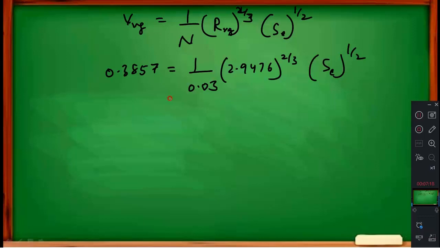So SE raised to 1 by 2 is 0.3857 into 0.03 divided by 2.9476 raised to 2 by 3.